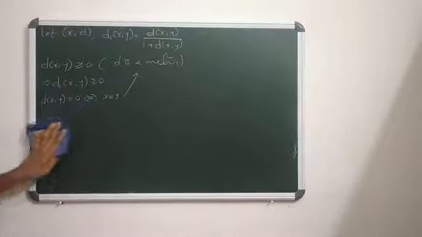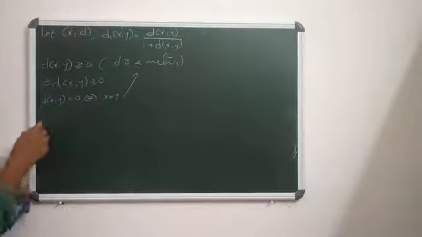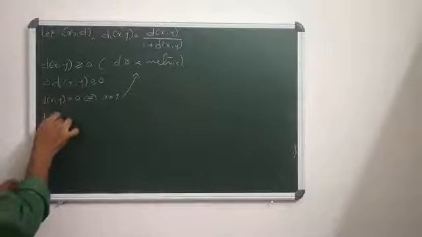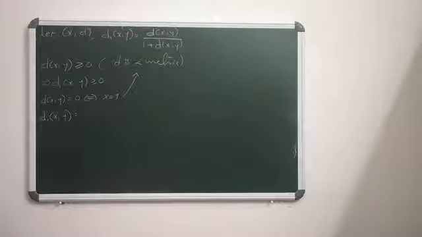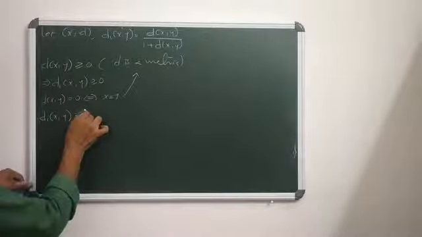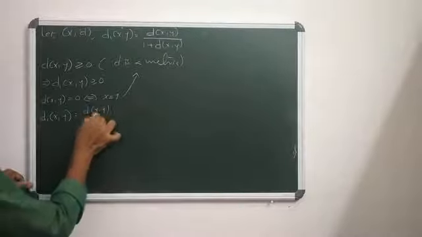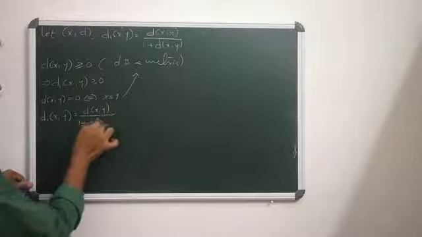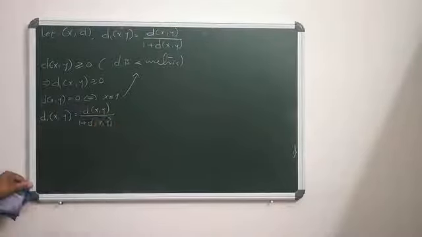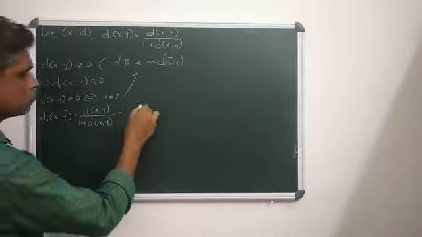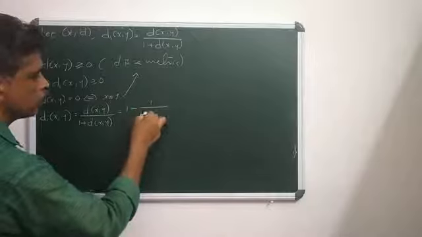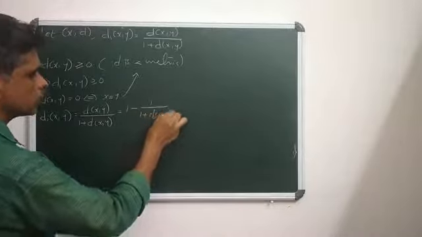Come to the third property, that is the triangle inequality. How to prove the triangle inequality here? It is given d1(x,y) equals d(x,y) by 1 plus d(x,y). This can be rearranged as 1 minus 1 by 1 plus d(x,y).